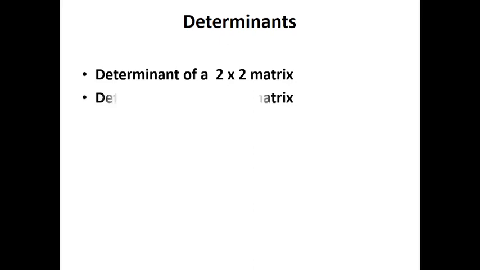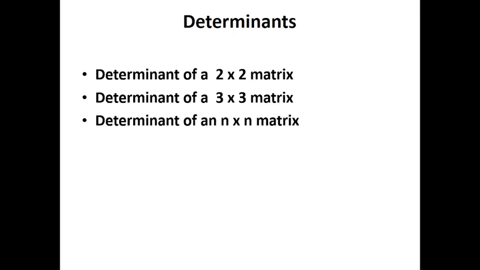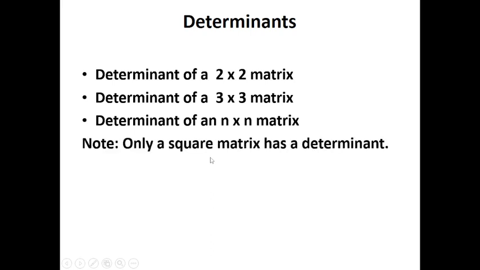We also have a 3 by 3 determinant, which is the determinant of a 3 by 3 matrix, up to the determinant of an n by n matrix. Determinants are only applicable to a square matrix, where the number of rows is the same as the number of columns. So note that only a square matrix has a determinant.